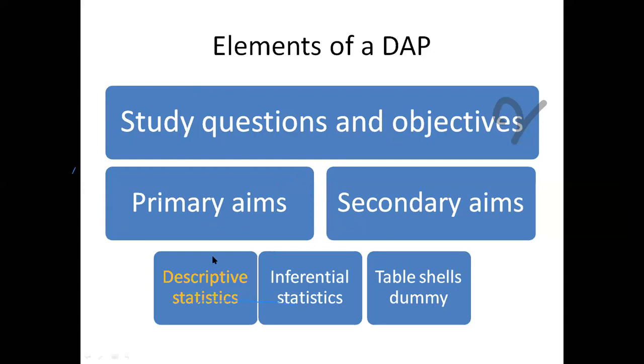And for each one of those aims, you will be able to list out what methods we use as descriptive statistics, what methods we use as inferential statistical methods, and then what kind of table shells or skeletons we need to have for the results, right? So those are the main components of a data analysis plan.